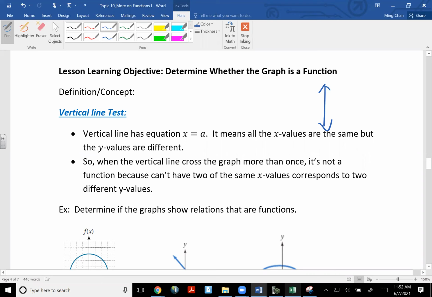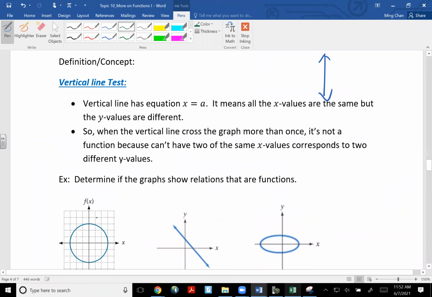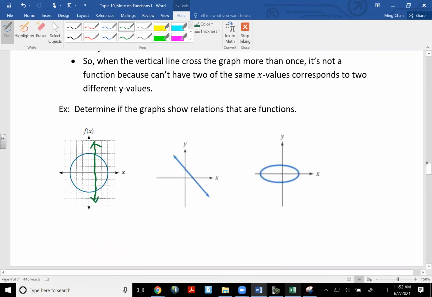Because if this vertical line touches my graph twice, that means I have the same x value. Think about it. Don't you agree? This x value right here is the same as that x value. All right.